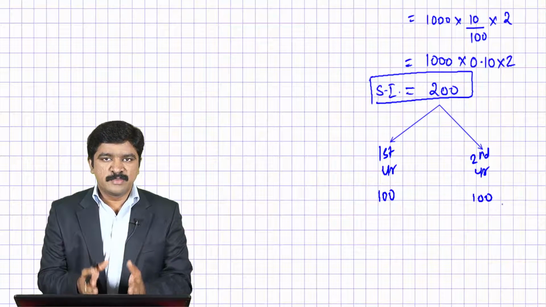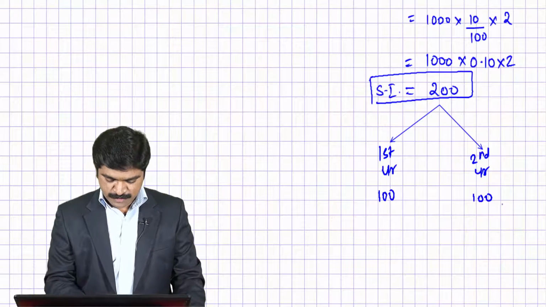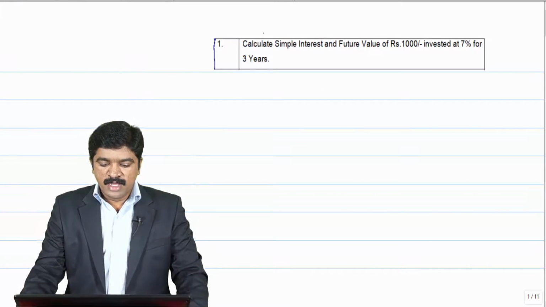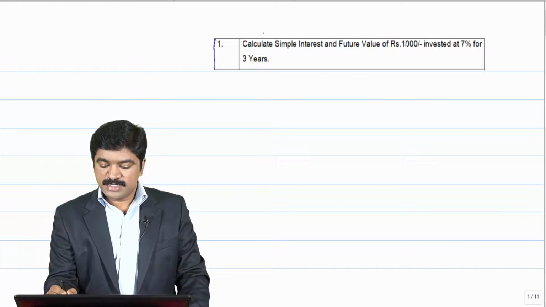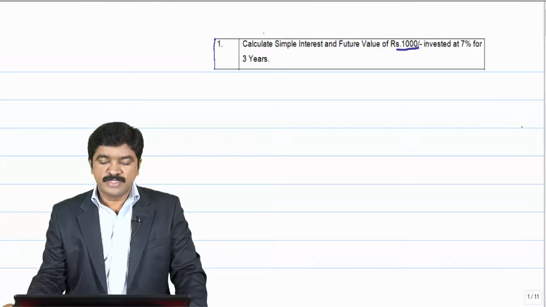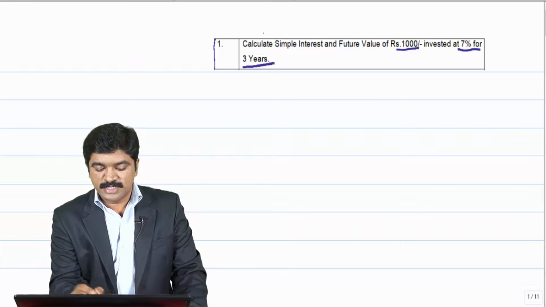Now we'll take one simple case study to understand the simple interest. Let me show you that. You have a simple case study where you have to calculate simple interest and the future value of rupees 1000 invested at 7% for 3 years.